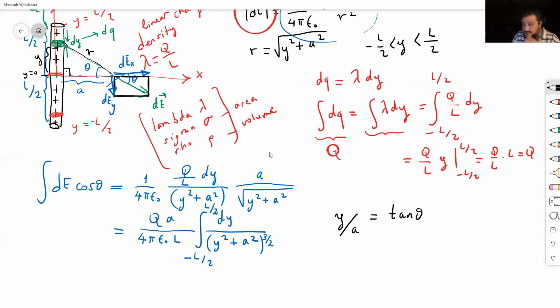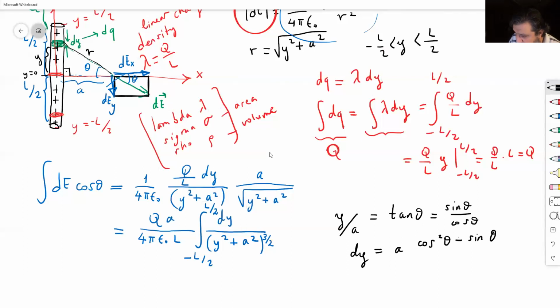Tangent theta, which is equal to sine theta over cosine theta. So this means that dy would be a times, I'll take the derivative of the right-hand side, sine's derivative is cosine, cosine times cosine, cosine squared theta minus sine times derivative of cosine, which is negative sine.